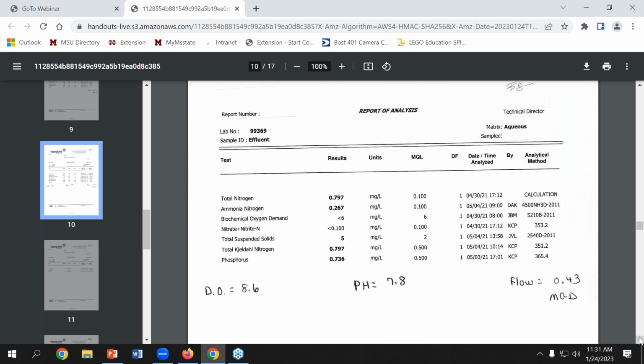And actually, it doesn't have to be on that particular day, just at some point during that month. The pH was recorded as 7.8, and the flow was 0.43 mgd. Now, that flow is very important, because this is the information that you will use in calculating your loading.